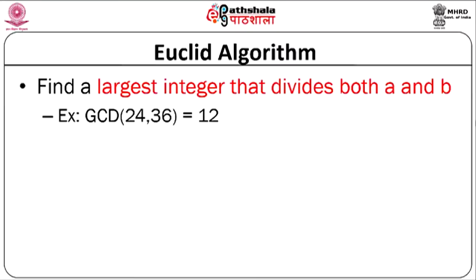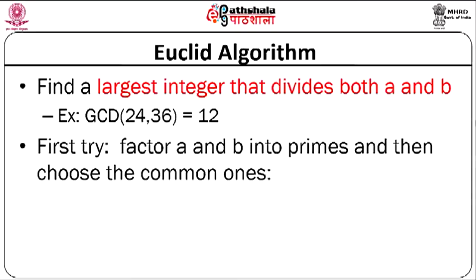For example, if we are given two numbers 24 and 36, GCD of 24 and 36 is 12. How is this solution obtained? The answer is very simple.